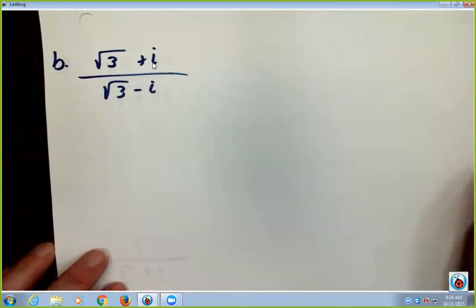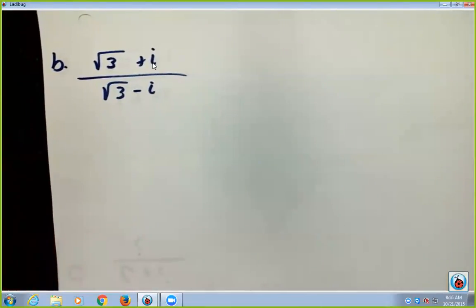Here's another one. So its conjugate, what do you think? What should its conjugate be?